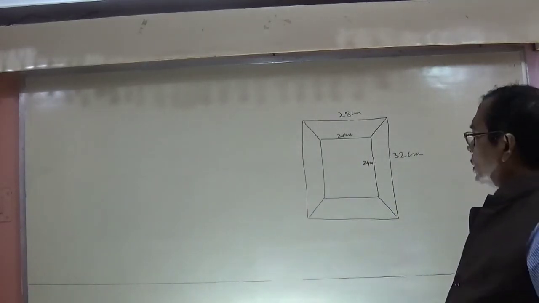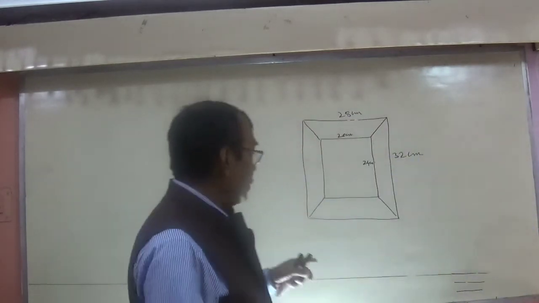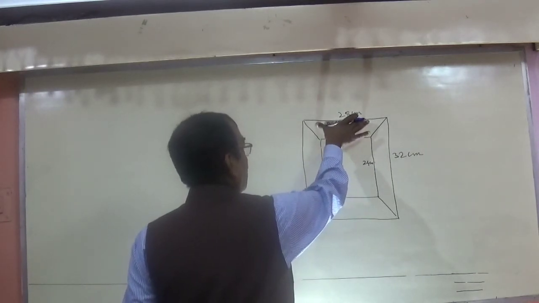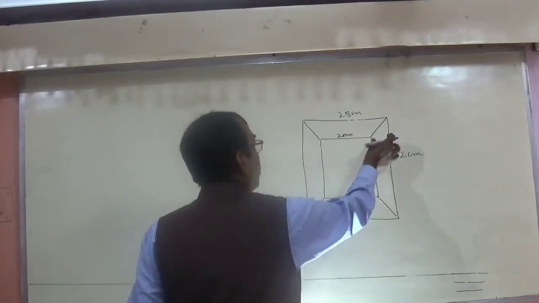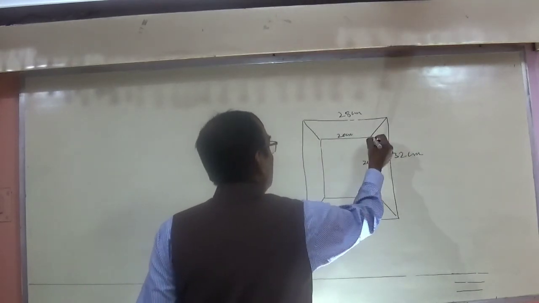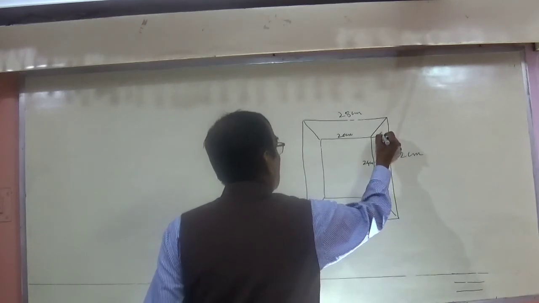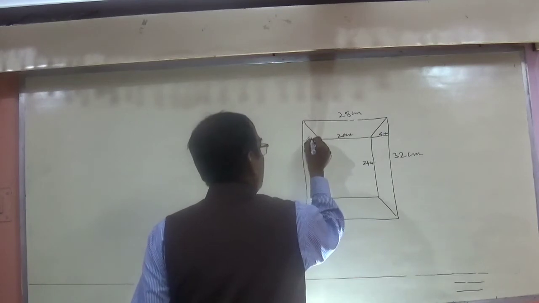Anyway, so now take some mental calculations here. This is 20 centimeter. This is 28 centimeter. So 28 minus 20 is 8 centimeter, and both of these two are equal. So each will be equal to 4 centimeter. This is 4 centimeter. This is also 4 centimeter.